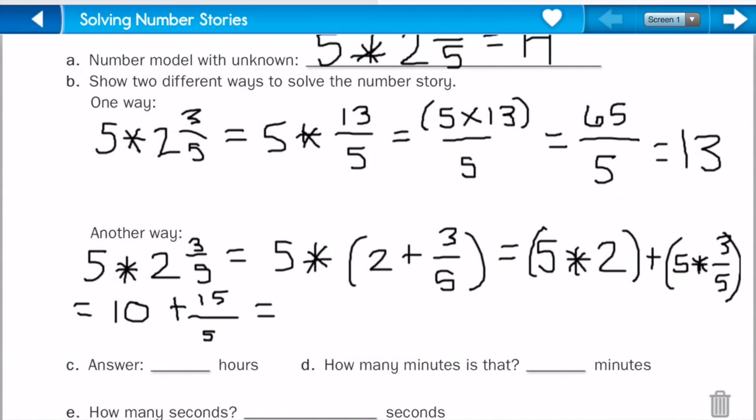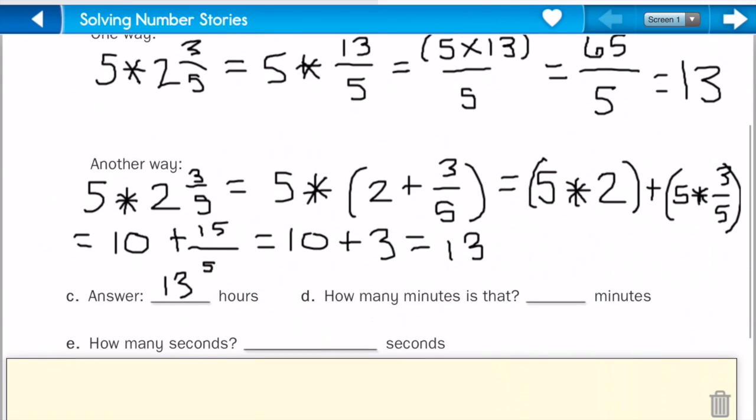And so 10 is going to stay the same. And then what is 15 over 5? Or you can think about what would 15 divided by 5 be? Yeah, it would be 3. And so we would still get the same answer. So it would be 13 hours.